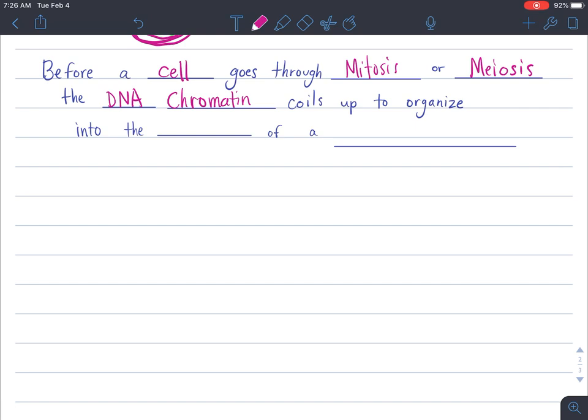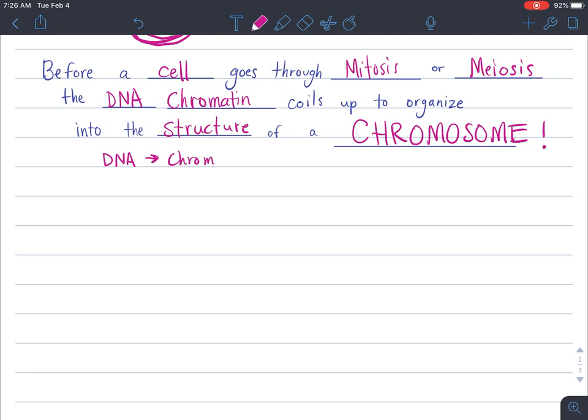The DNA chromatin actually coils up even further to organize into a new structure, the structure of a chromosome. All right, so chromatin makes a chromosome. So what we could say is DNA is coiled into chromatin, and chromatin coils into creating a chromosome. So it's just a highly, highly organized structure of DNA.